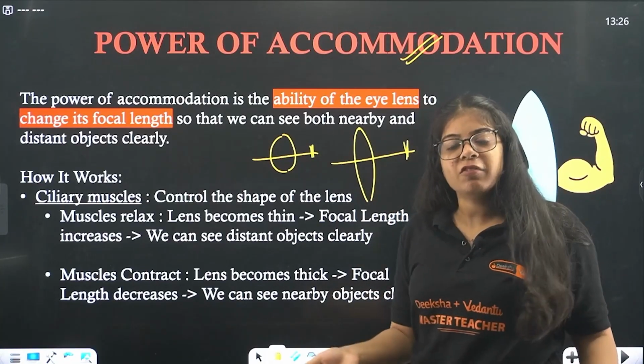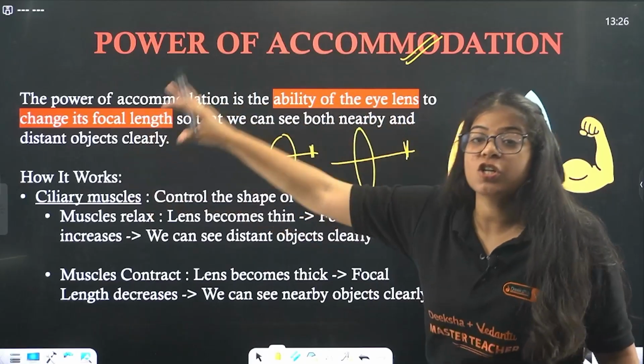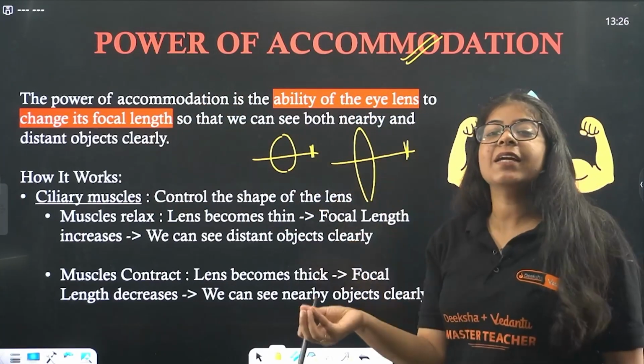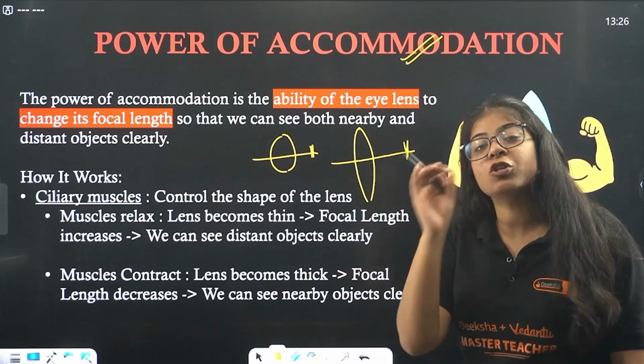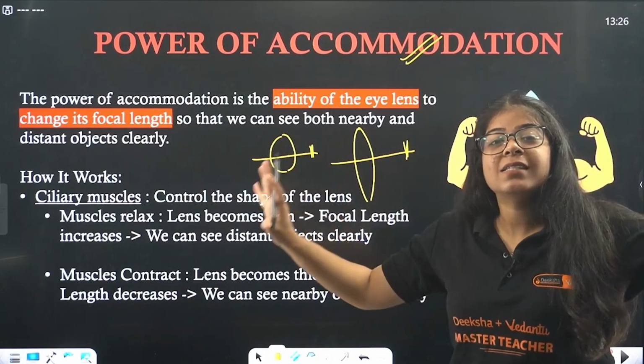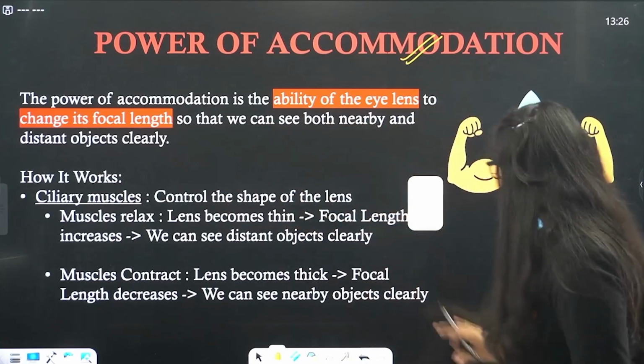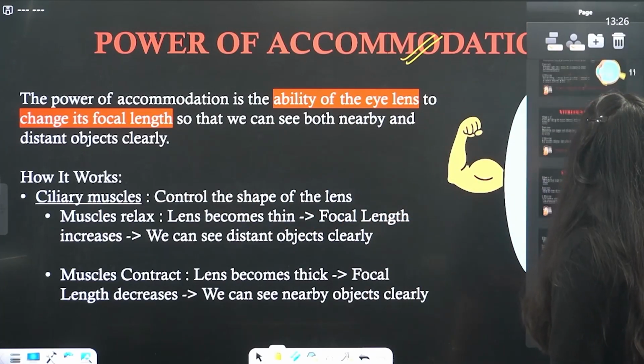So the ability of the eye lens to change its focal length so that we can see nearby and distant objects very clearly is the main objective why our lens is flexible. Done? How this works, we'll come back to it after reading all other parts of our eye.